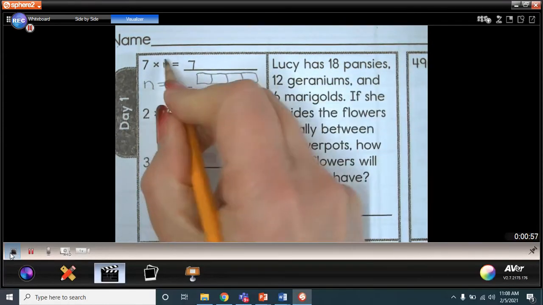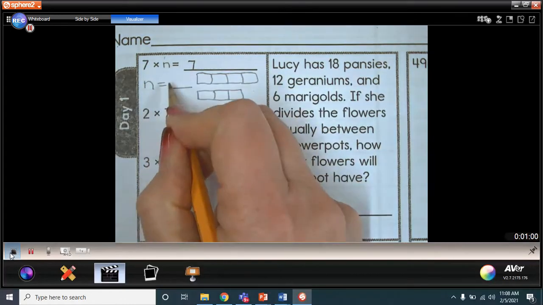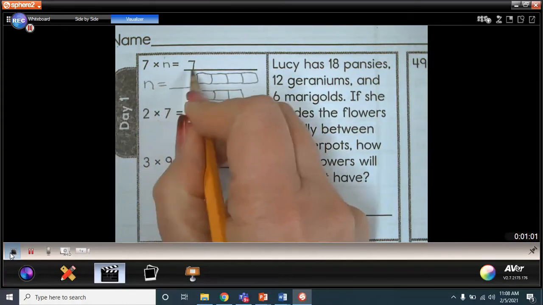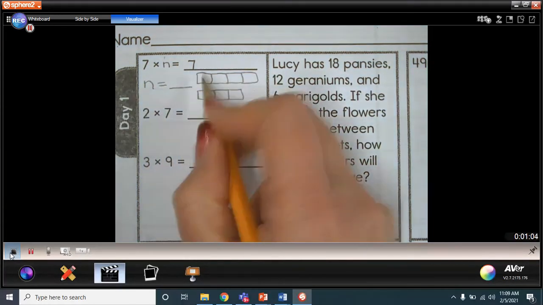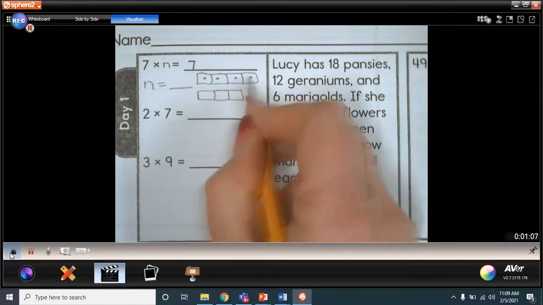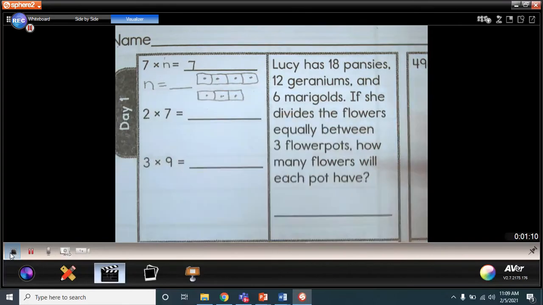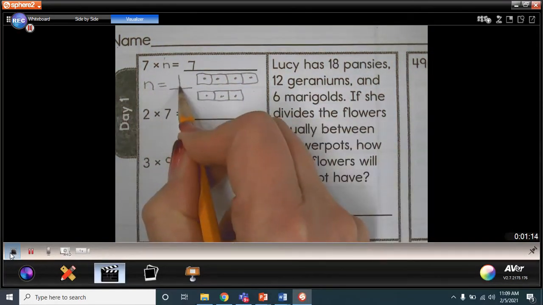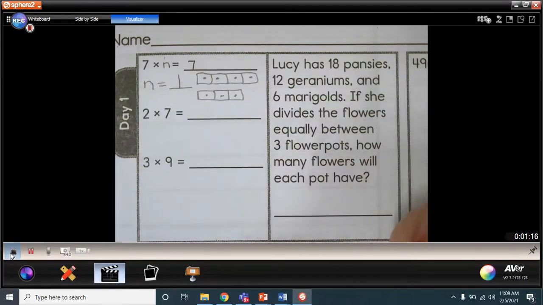Or what could I multiply times 7 to get 7? If I put something here, that's 1, 2, 3, 4, 5, 6, and 7. So I have 1 object in each group.